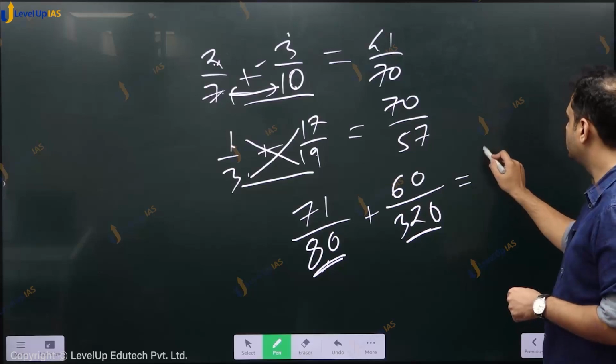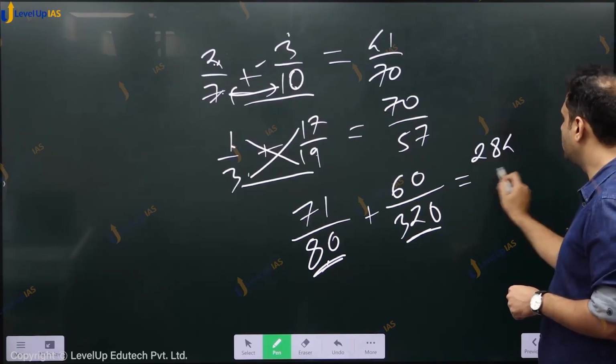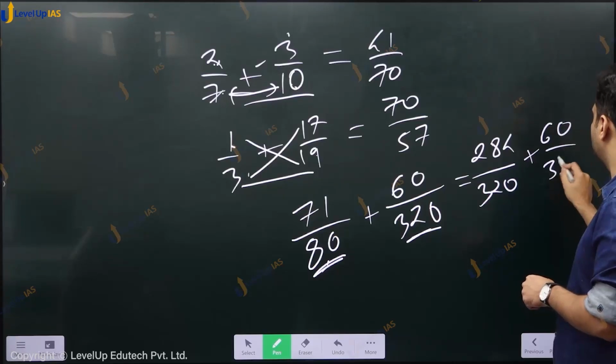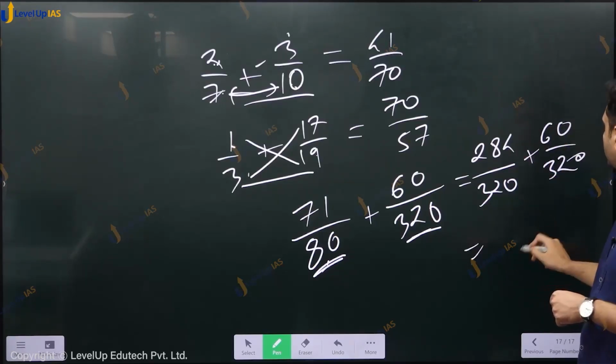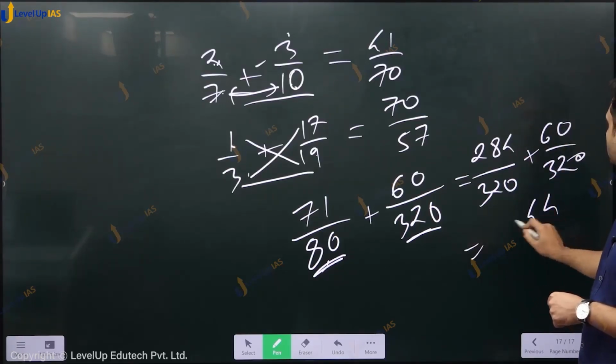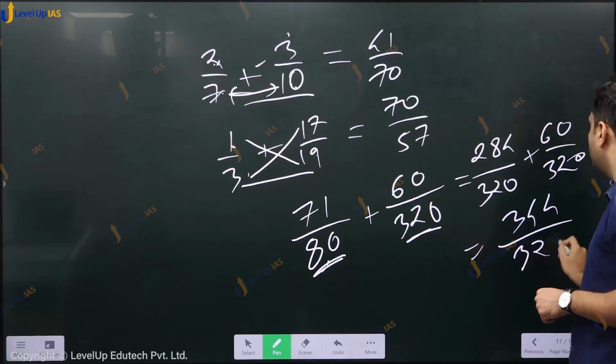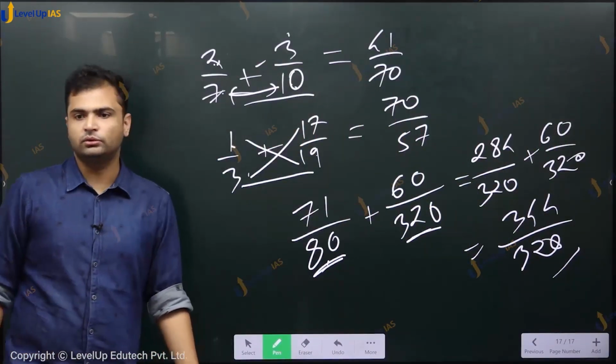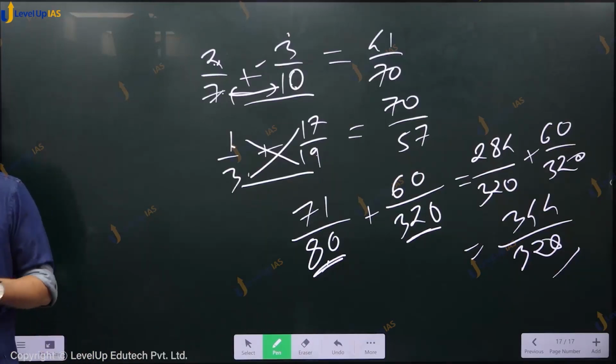You'll simply get 284 by 320 plus 60 by 320, and now we can directly add. So you will have 344 by 320. यहाँ पे multiply करने जाएंगे तो 10 मिनट चले जाएंगे, है ना.